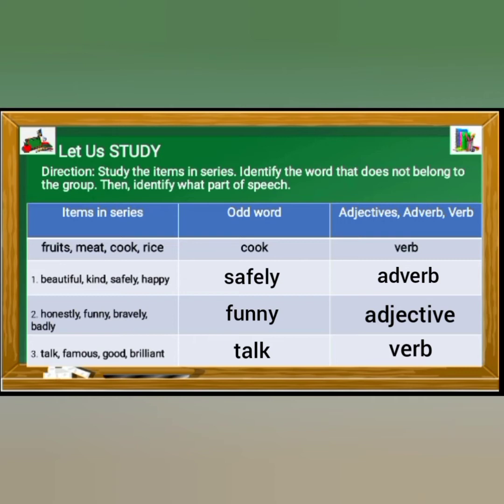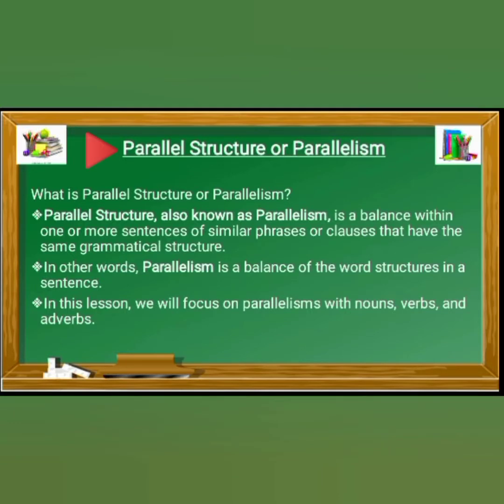Alright, well done students. This activity is related to the main topic of our lesson today, which is the parallel structure or parallelism. Now, what is parallel structure or parallelism?